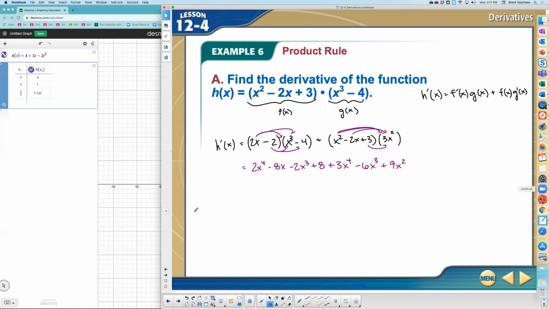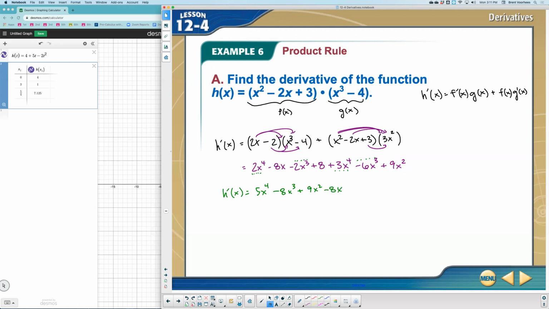When I combine my like terms, we'll find out that h prime equals, I have a power 4 there. That means we have 5 x to the 4th. Going to 3rd powers here, I have a negative 2x cubed and a negative 6x cubed. That makes me have negative 8x cubed. For squared terms, I only have this last one there, 9x squared. I have a minus 8x and then a plus 8. That would be my derivative there with respect to x.